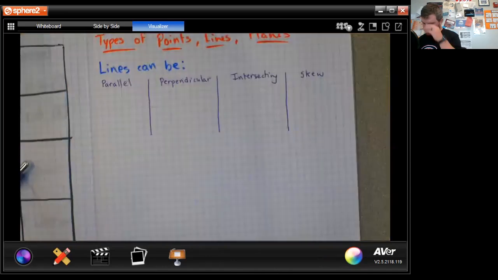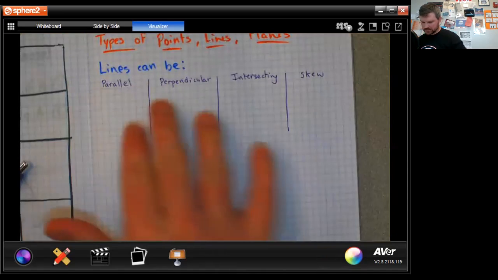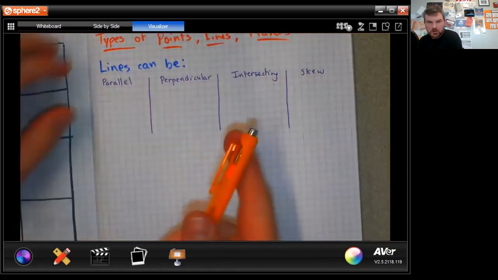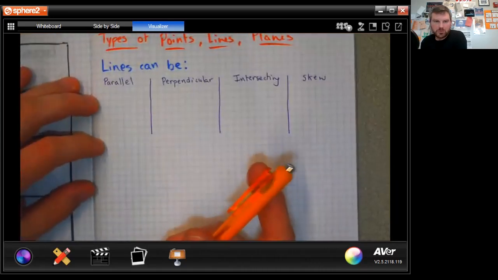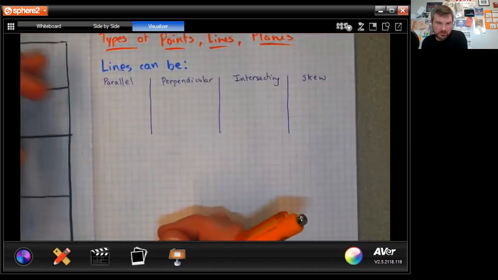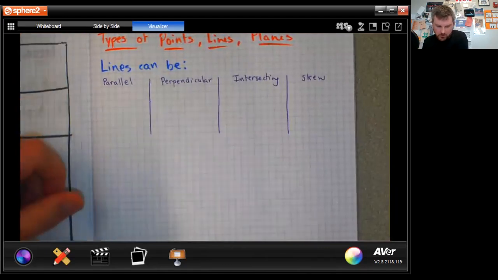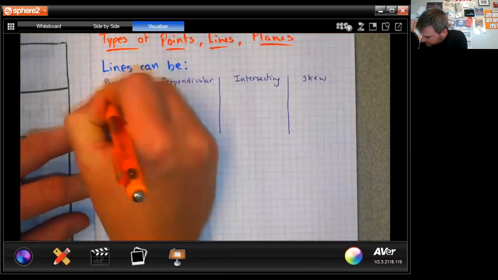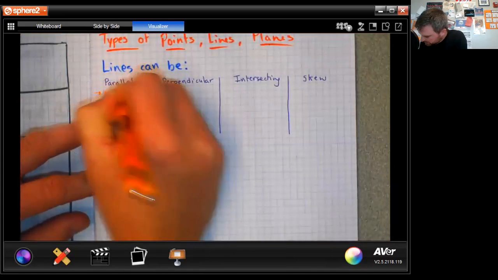All right, let's put some definitions of what makes lines each one of these. Let's go with parallel. In order for lines to be parallel, 3 things will happen. Number 1, they must be on the same plane.